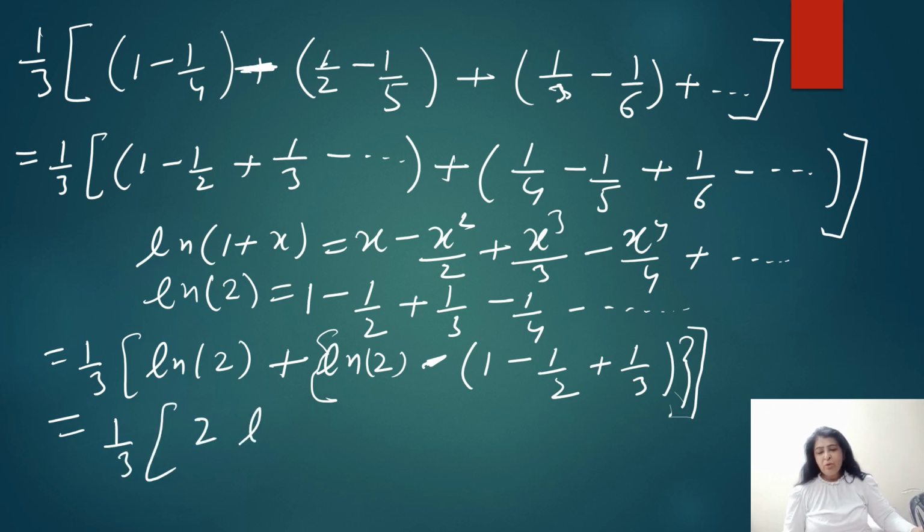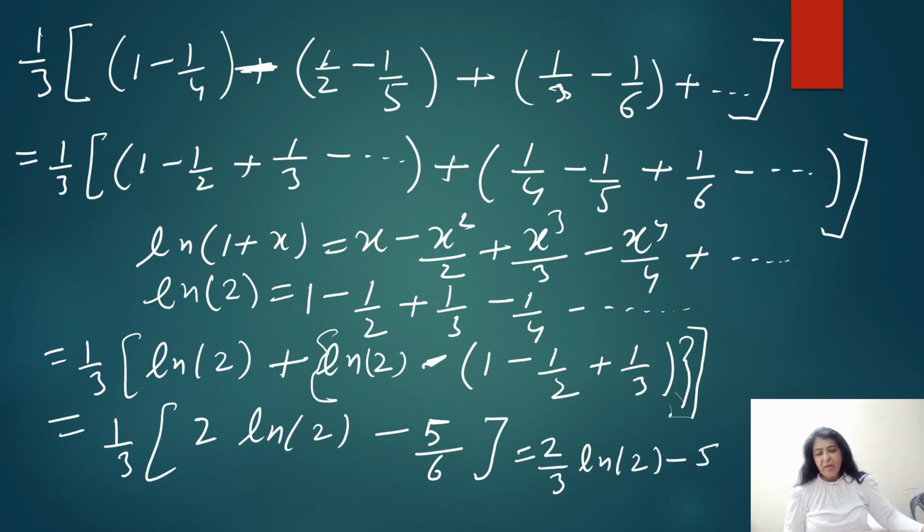So this is 2 times ln 2 minus, now take the LCM and solve it out. You will get this as 5 by 6. Or this is equal to 2 by 3 ln 2 minus 5 by 18. So this is the answer. Clear?